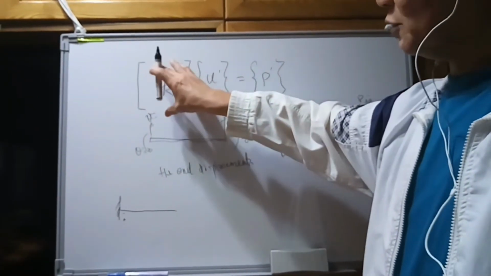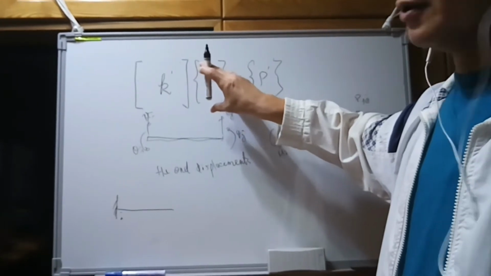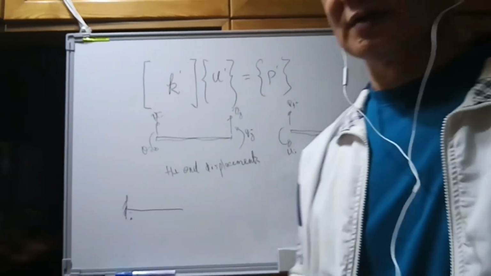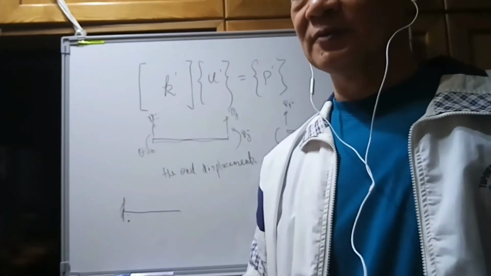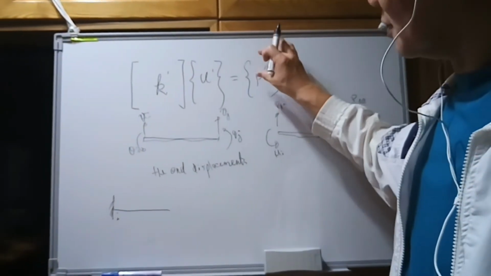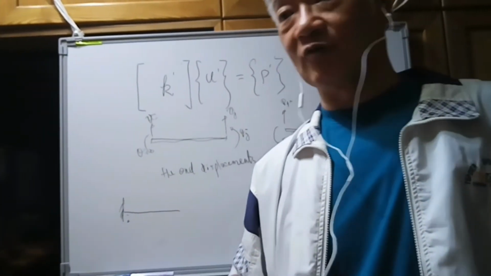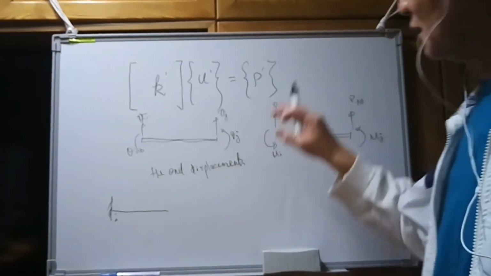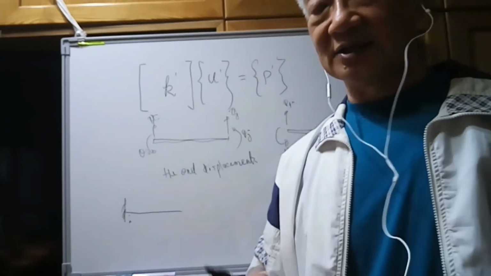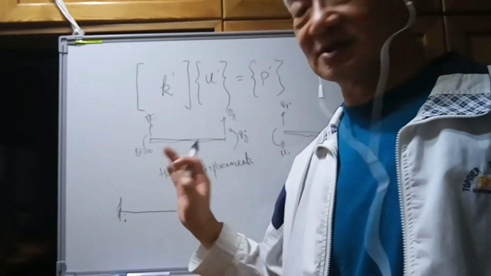The 4 by 2 matrix multiplied by the 2 by 1 vector gives us 4 elements for the member end force. Of the 4 member end forces, the first two represent the reactions from the support. The third and the fourth are the external loads applied to this element.